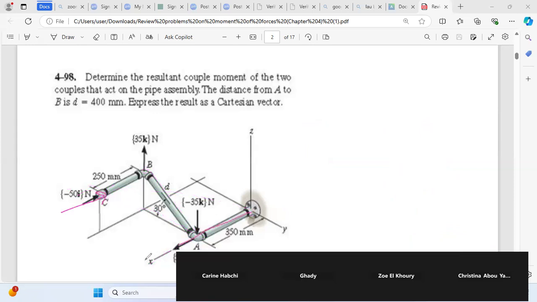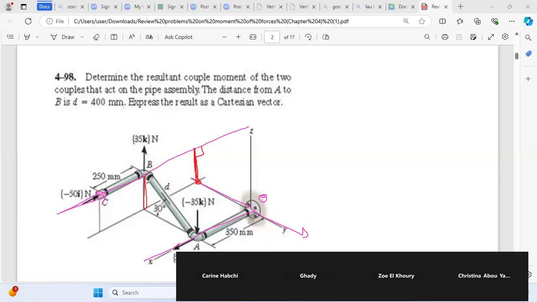First, the x-axis passes by O and this force is parallel to it, so it cannot produce a moment about it: no component along i for the moment about O. Second axis, the y-axis. If you take this force's line of action, the distance is the perpendicular from this axis to this line, and you multiply by it.